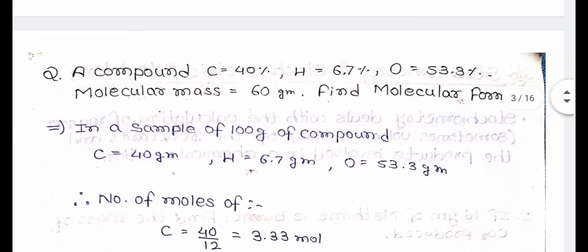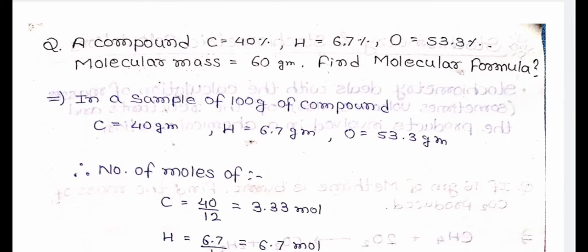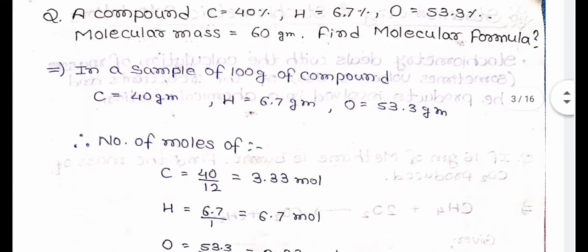Now another question. A compound has C equal to 40%, H equal to 6.7%, O equal to 53.3%. Molecular mass is 60 gram. Find the molecular formula. Let us take a sample of 100 gram of compound. Therefore carbon will be 40 gram, hydrogen will be 6.7 gram, and oxygen will be 53.3 gram.